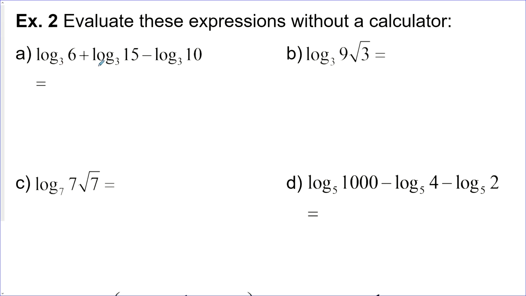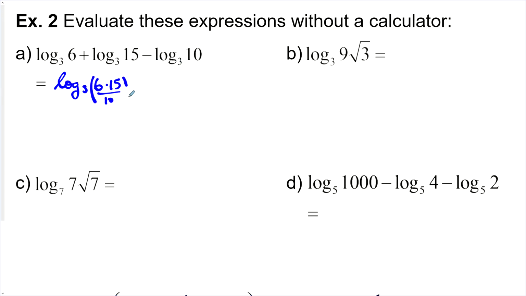We've got the same base for all three of these, so we could rewrite this in 1 log. So this is 6, and since we're adding here, we could multiply our arguments here. And we're subtracting this one so we can divide that argument.